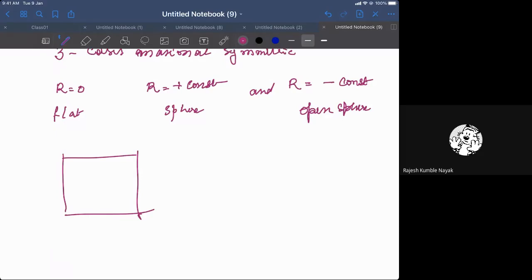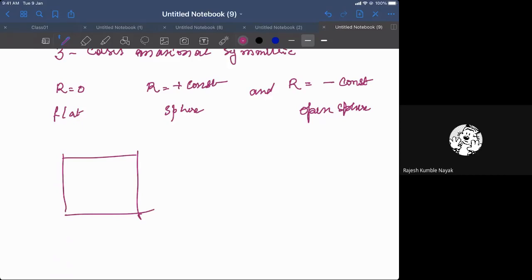Now you can see that the sphere also has the same property. When you look at the sphere, you can take the sphere and rotate at every point. That means the isotropy condition at every point is satisfied. And on a two-sphere, we have seen that you can move along any great circle, so there is no difference.